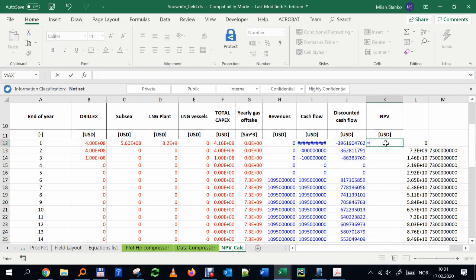Finally, NPV will be this one, and the next one will be this one plus the previous, for each year.